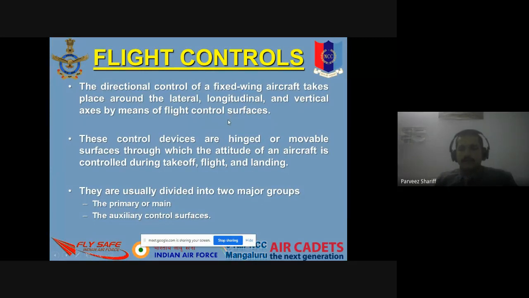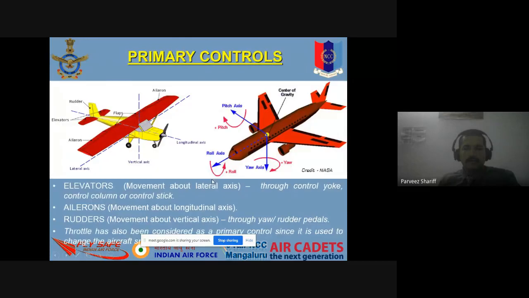Longitudinal, lateral, we will see in the next slide. These control surfaces are hinged surfaces. Hinged means they are connected to the main structure and they are movable. They are not fixed structures. They are movable structures so that they can control the aircraft. We categorize them into two sections: the primary and auxiliary control surfaces.